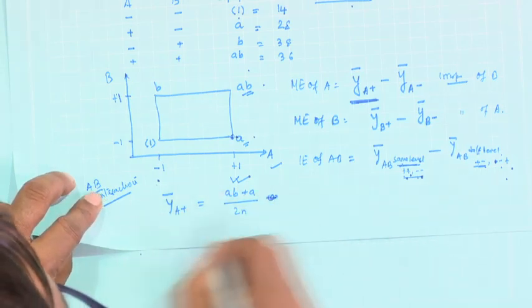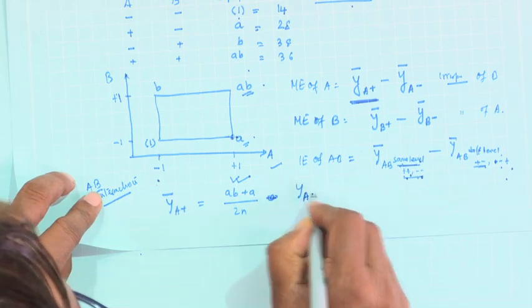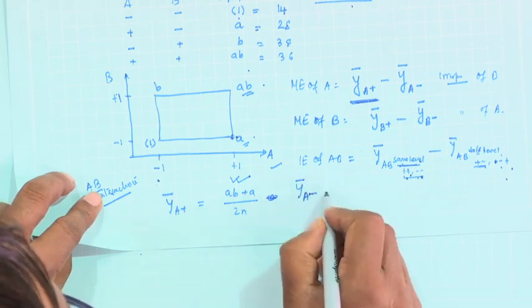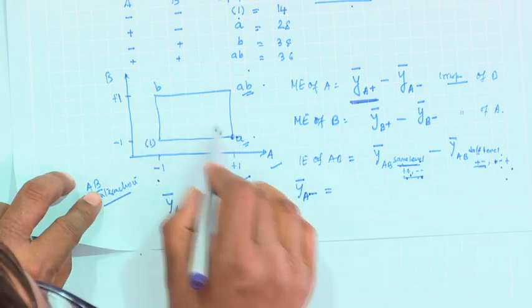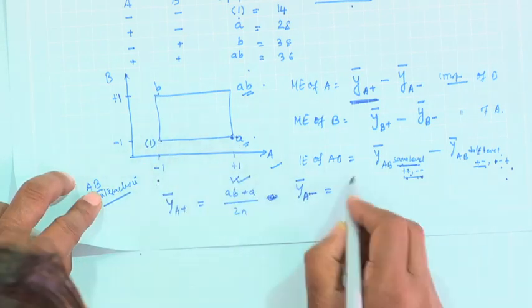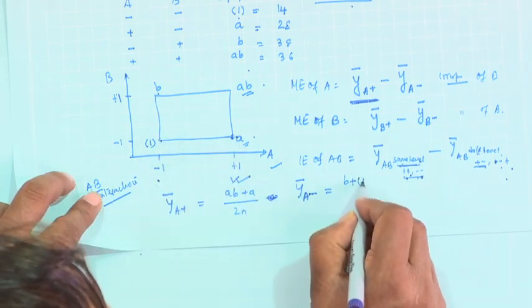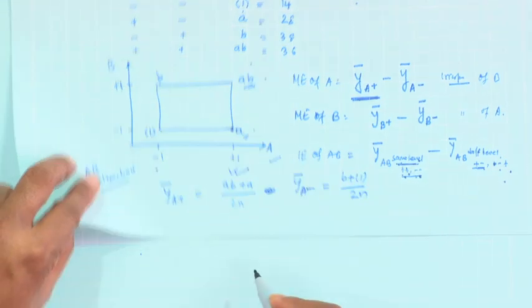Similarly, y A minus bar will be b plus 1 by 2n.